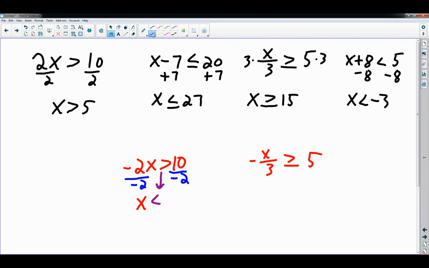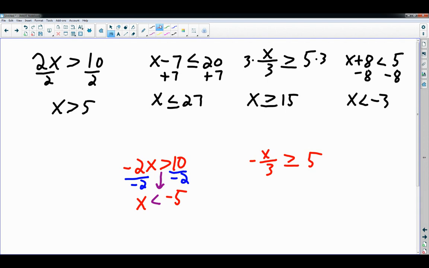It is opposite because we divided by a negative. So we divided by the opposite, so that means the inequality is also opposite. It doesn't work the same way for an equal sign because an equal sign is the same thing left and right, so it's not going to change. It's like a mirror. These are going to change because these are different.